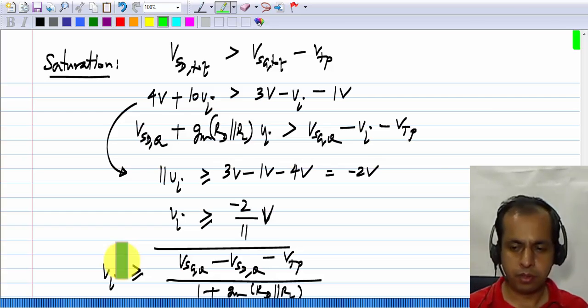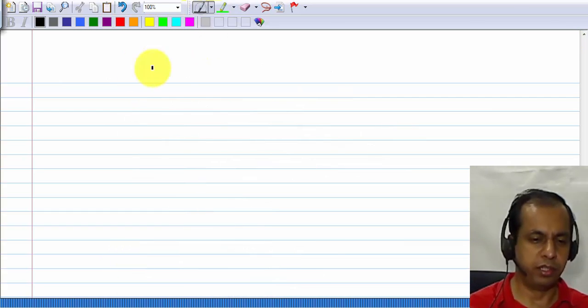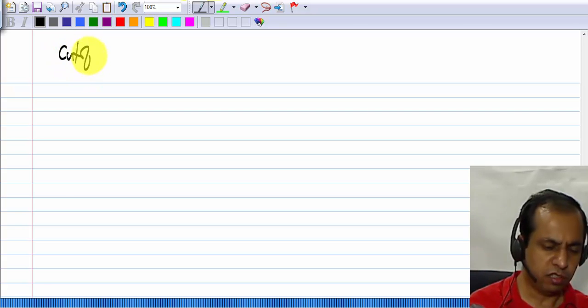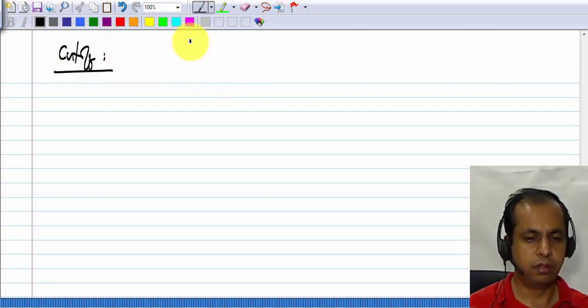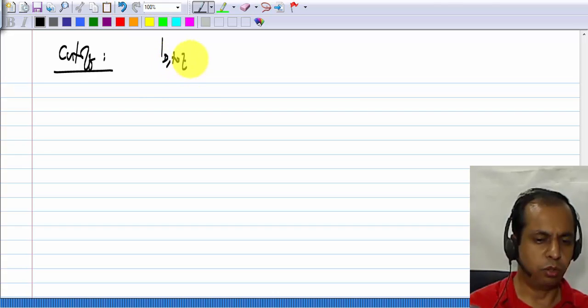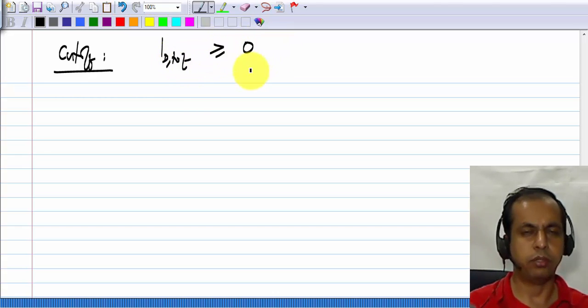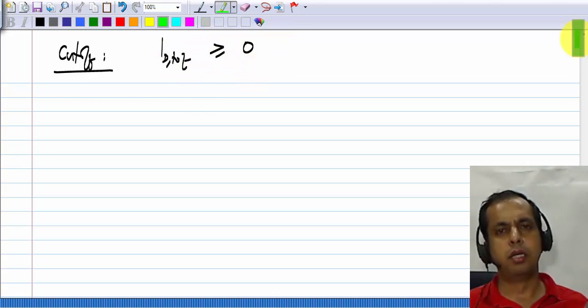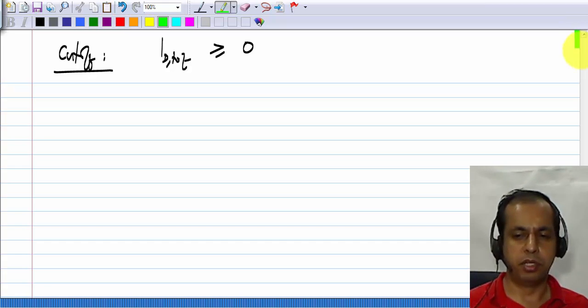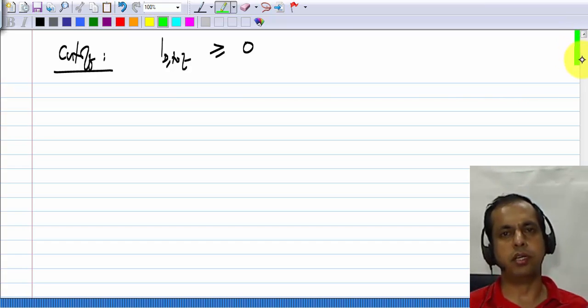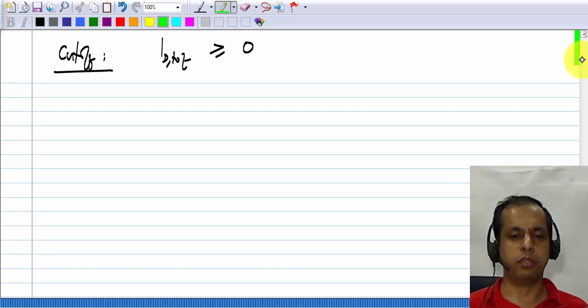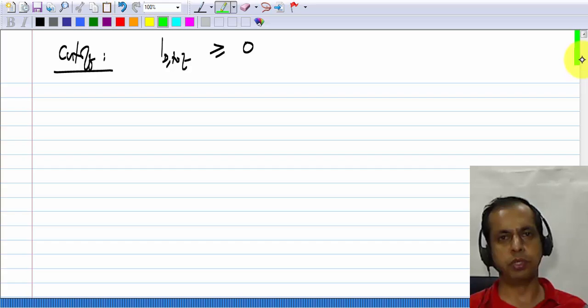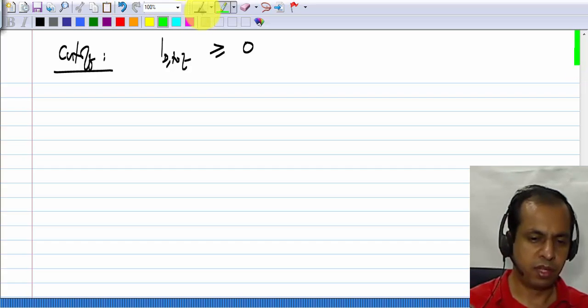And similarly, if you apply the cutoff condition, we want ID total to be greater than or equal to 0. As I explained earlier, we could also have used the condition based on the source gate voltage. That is, the source gate voltage should be more than the threshold voltage, but by convention we use this because we can also use this with bipolar transistors.